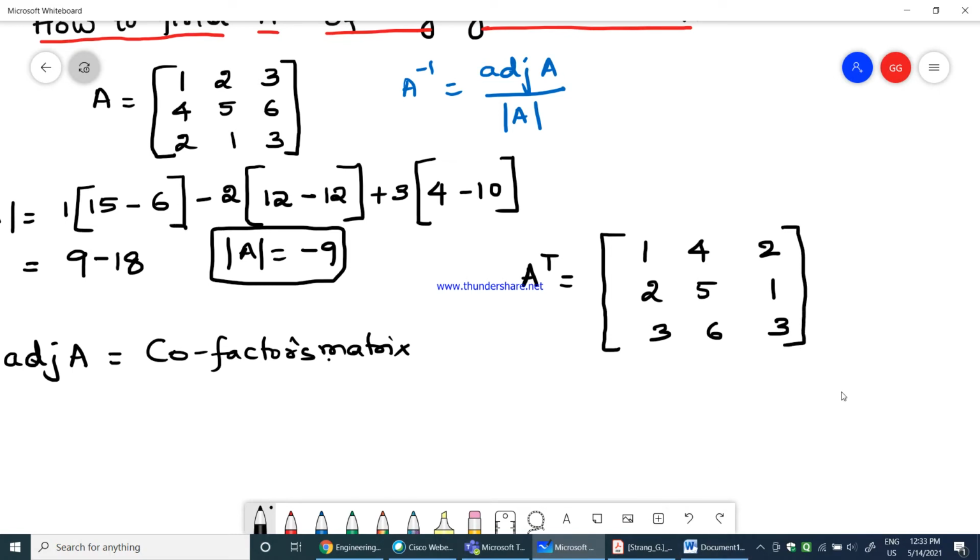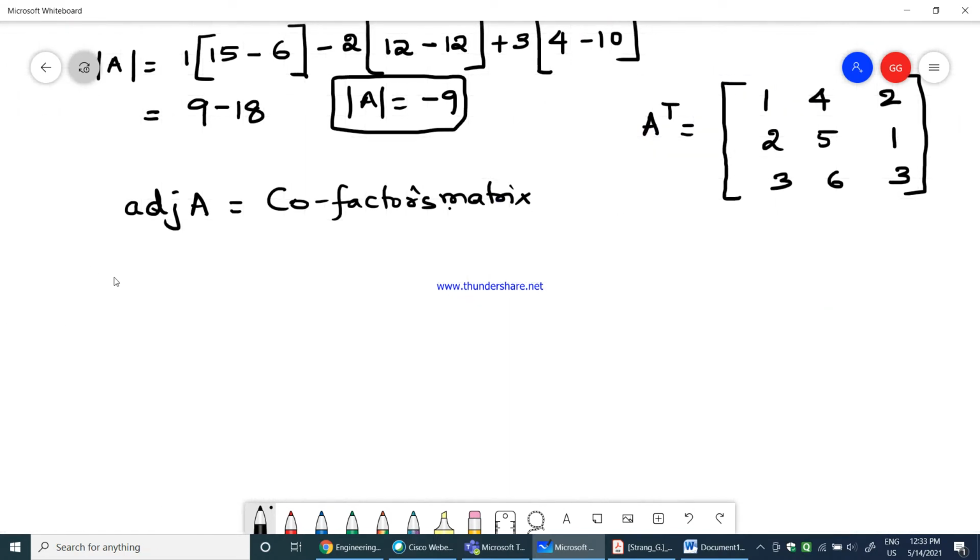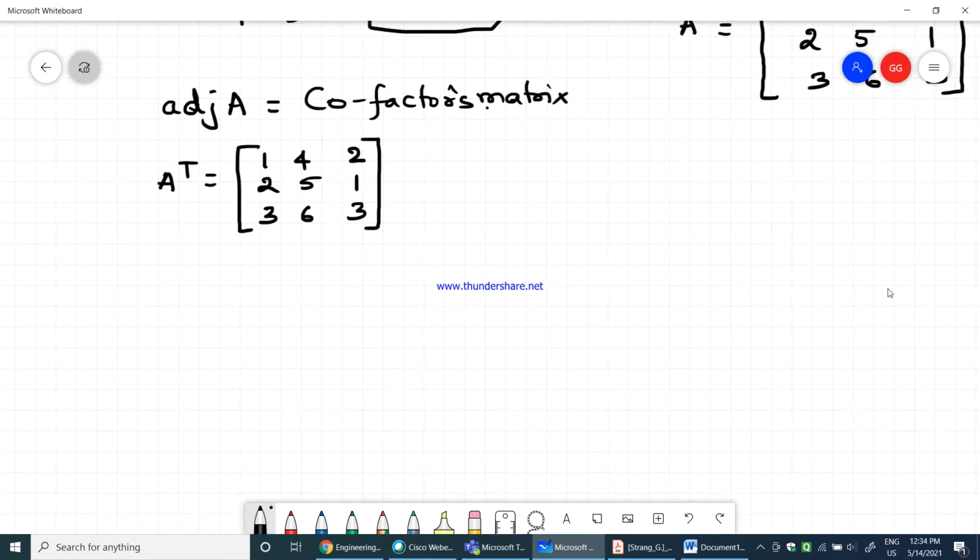Now keeping this transposed matrix, I will rewrite the transpose of the matrix A, which is equal to 1 4 2, 2 5 1, 3 6 3. Now I will write all the minors here. Minors in the sense of the cofactors we consider while taking determinants of the given matrix. Minors of all the elements in the given matrix.